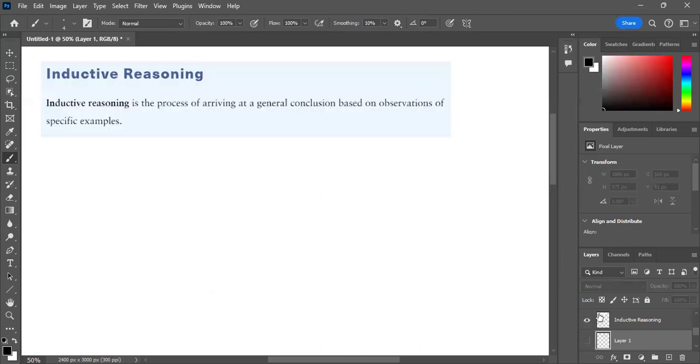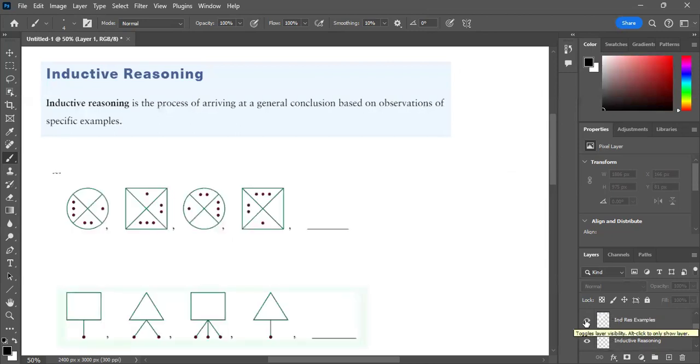Let's go back to our inductive reasoning definition and maybe take a couple examples just from using figures. So once again, we're looking for patterns, very specific patterns that will allow us to come to a general conclusion.